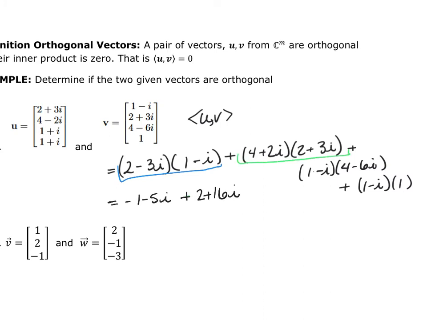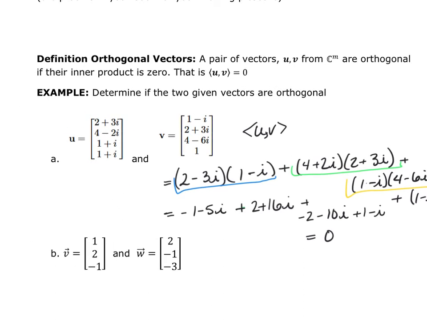And then I have plus the negative 2 minus 10i. That is that number. And then, of course, I just have plus 1 minus i. When I add these all up, I end up with 0. So what I know is that these two are orthogonal to each other. What orthogonal means is that they're perpendicular. So orthogonality is the same thing as perpendicular.